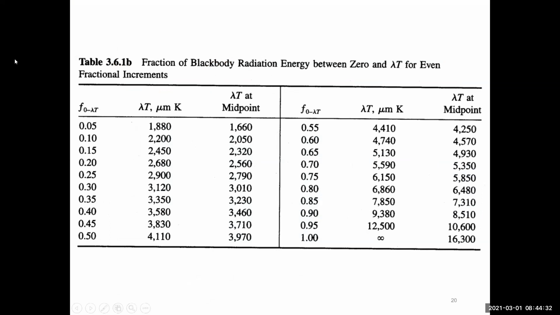This table is given as the value of the subtotal emissive power, from 0 to lambda T, for these values of lambda T. It's divided here into sections from 0 up to 1, so the fraction from 0 up to 1. That's how the value of delta F is calculated, and the corresponding value of lambda T where this fraction is given.